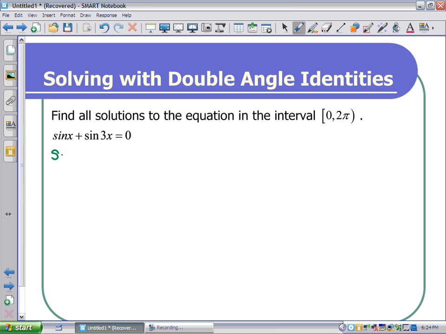So I'm going to rewrite this as sine x plus sine of x plus 2x so that we can use those sum and difference identities.